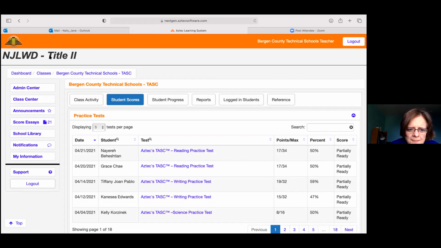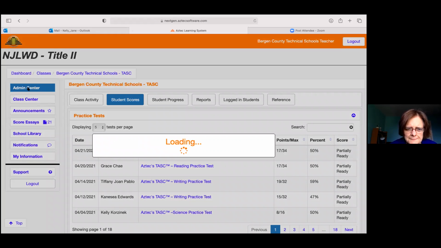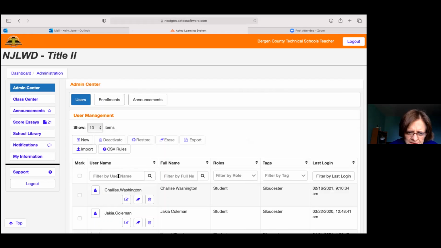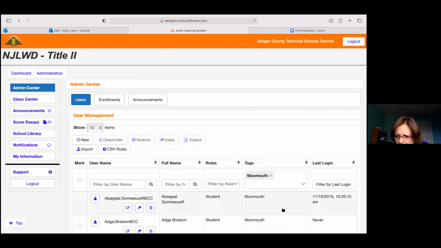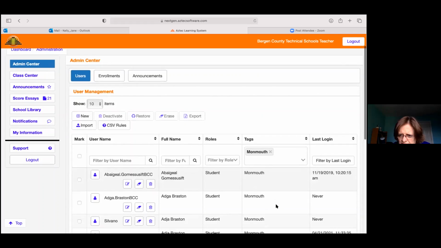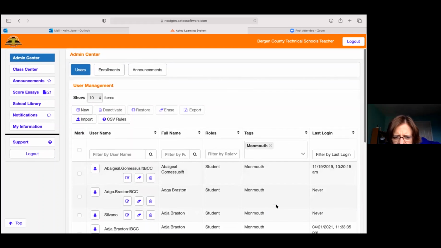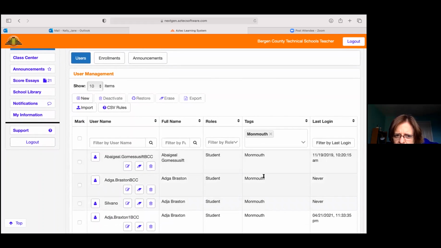Okay, the only way I know to look for a program is let's go to the admin center. I'm going to keep playing with myself. Okay, I got an idea. Let's look for a tag. All right, here's Monmouth. So here is what's just called Monmouth.